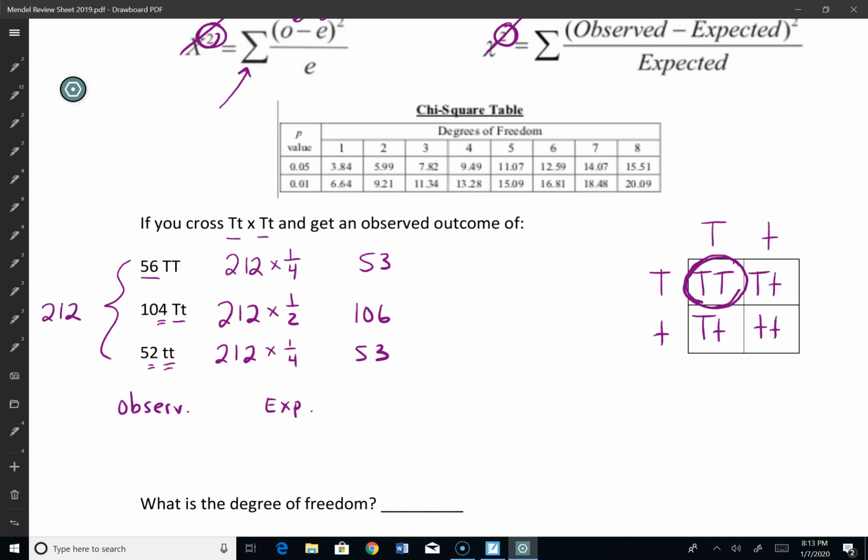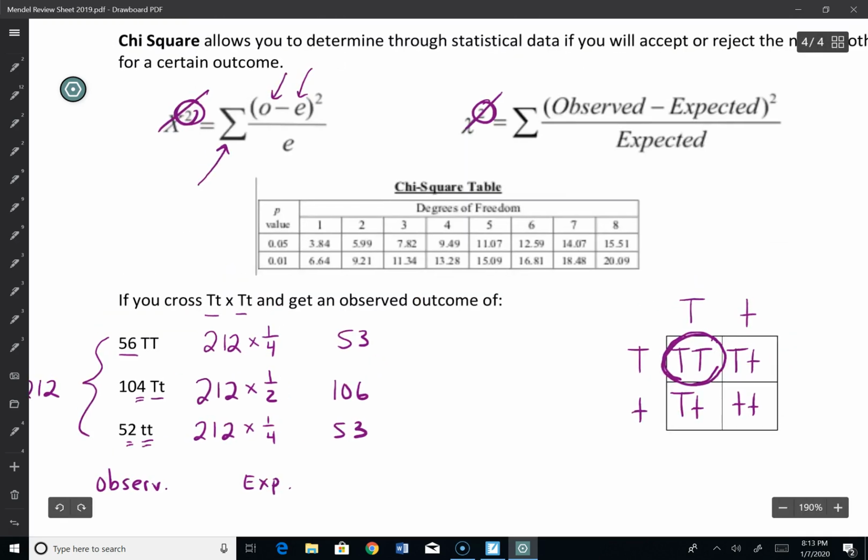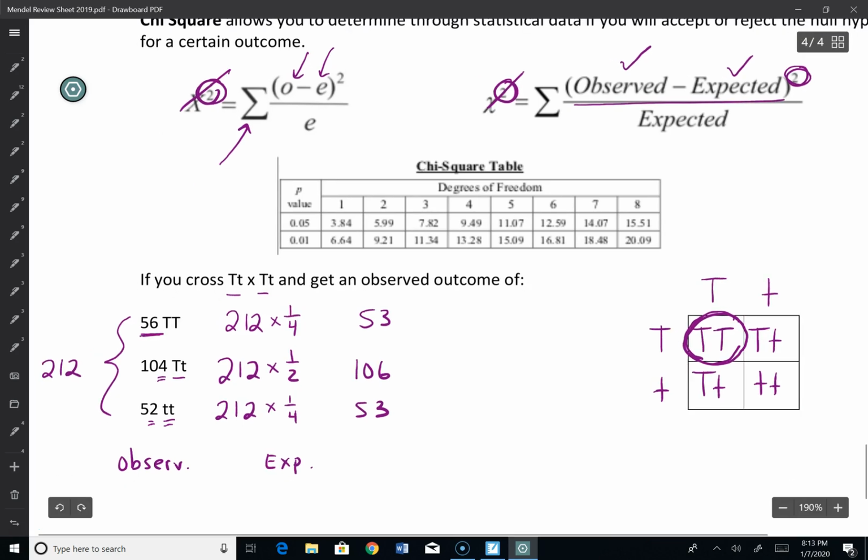So here's how you do chi-square. It is the sum of the observed minus the expected, squared, over the expected. So let's see what we got. Observed 56 minus expected 53. That's going to be 3. But what do I got to do to that? Square it. Divided by the expected value, in this case, 53.